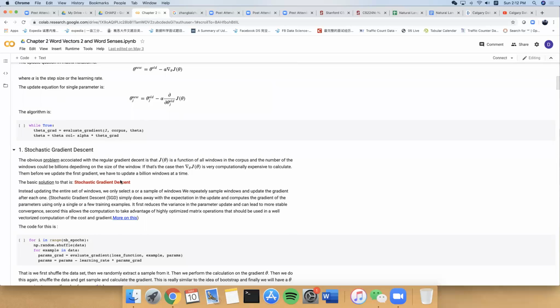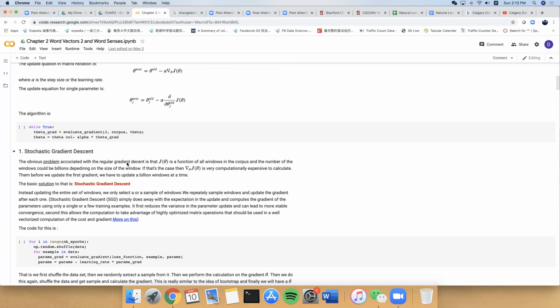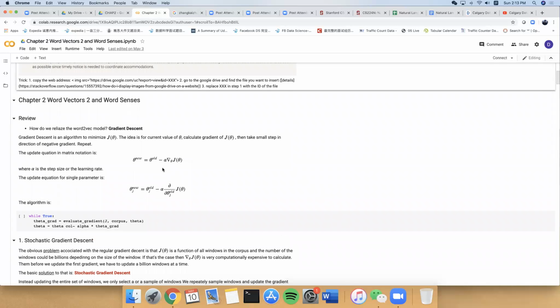Why do we use stochastic gradient descent, and what kind of gradient descent is it? If you look at the gradient descent formula right here, the biggest problem is embedded in it.